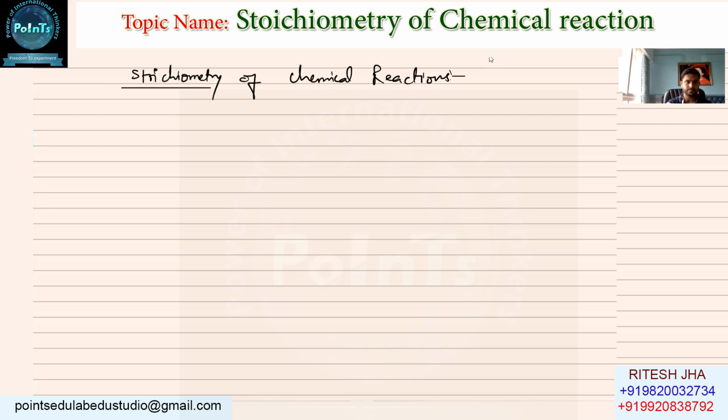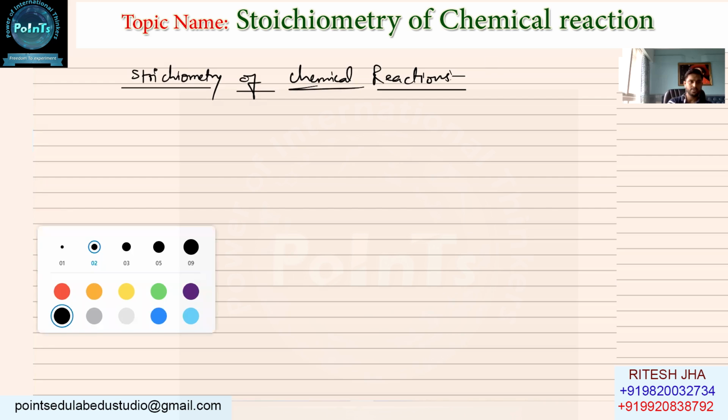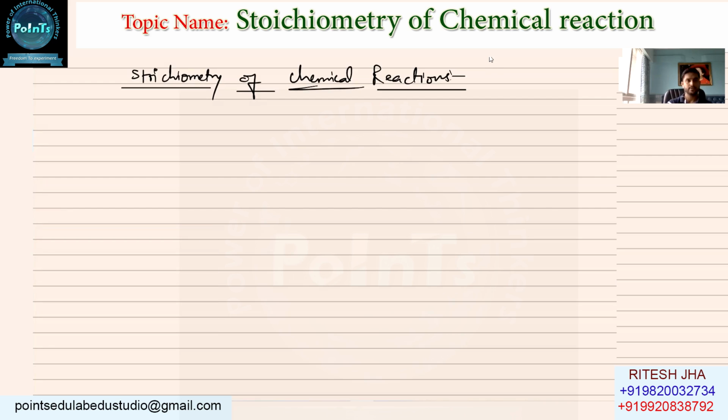Let's do this. Basically, stoichiometry of chemical reactions, trust me, is very, very easy with the concepts of the unitary method. People sometimes ask in maths, when they are being taught something, why that specific thing is being taught.